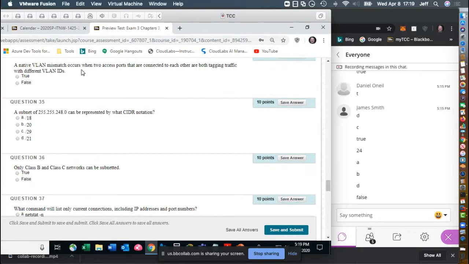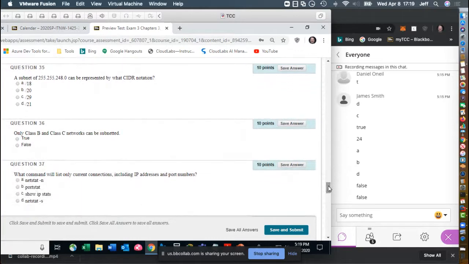All right, a native VLAN mismatch occurs when 2 access ports that are connected to each other are both tagging traffic with different VLAN IDs. That is false, right? Yeah. All right, a subnet of 255.255.248.0 can be represented by CIDR notation.